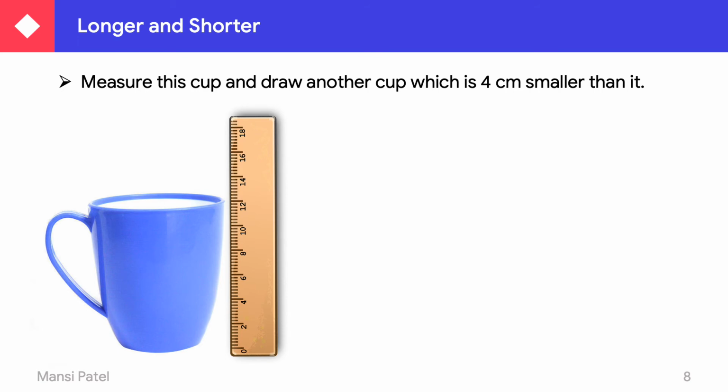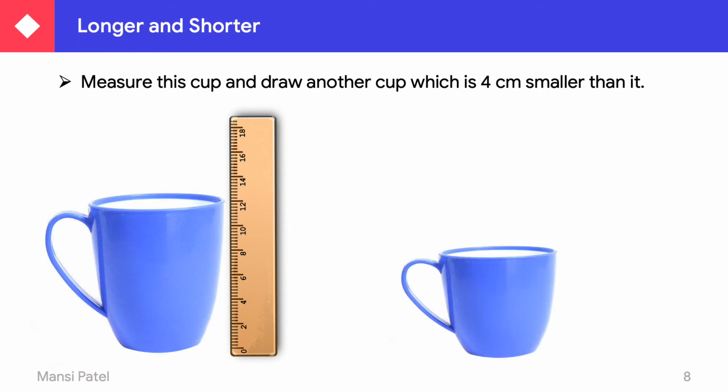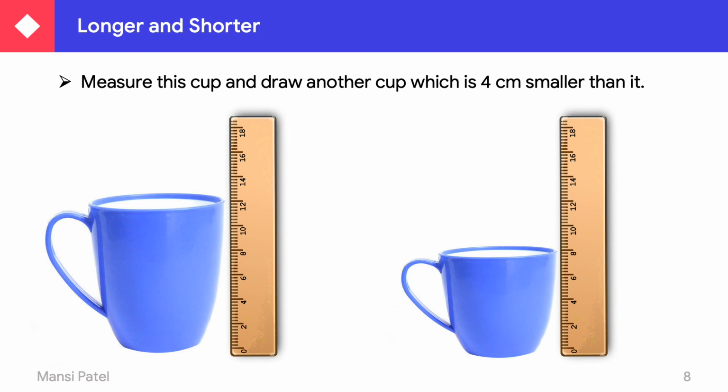Now you have to draw another cup, but that cup should be 4 centimeter smaller than the first one. So 12 minus 4, it's 8 centimeter. So we draw this cup and the length of this cup is 8 centimeter.